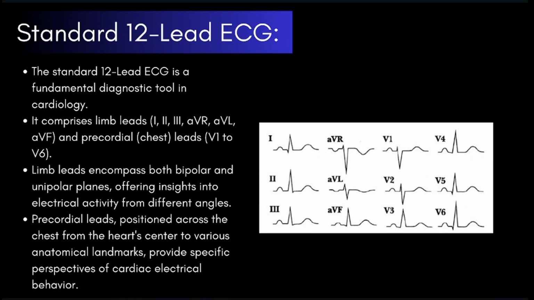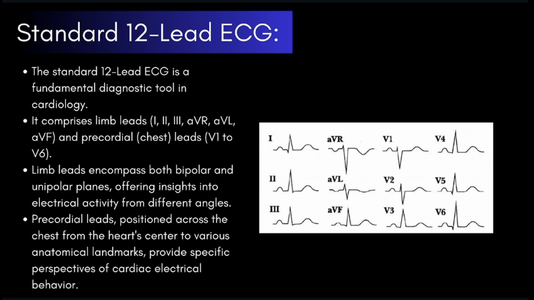Moving on. Next, I'd like to discuss the standard 12-lead ECG. The standard 12-lead ECG is a fundamental diagnostic tool in cardiology. It comprises limb leads 1, 2, 3, AVR, AVL, and AVF, while also comprising precordial leads, known as chest leads, which are V1 to V6.